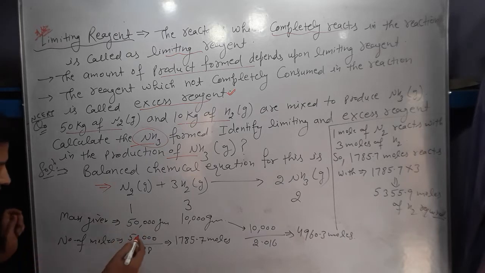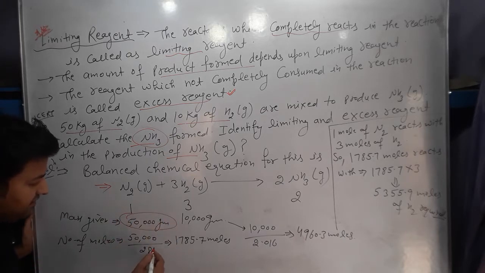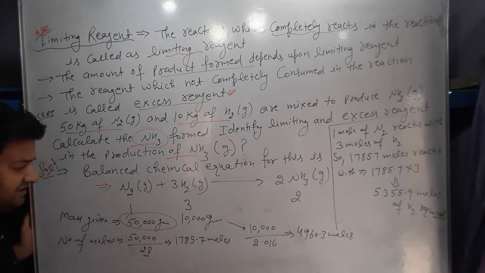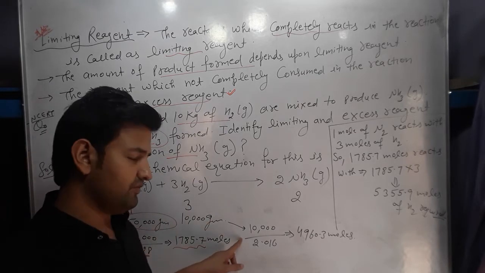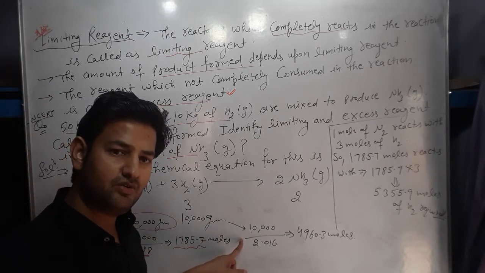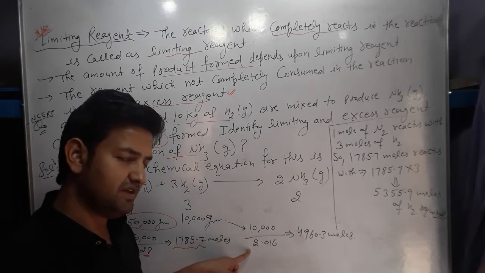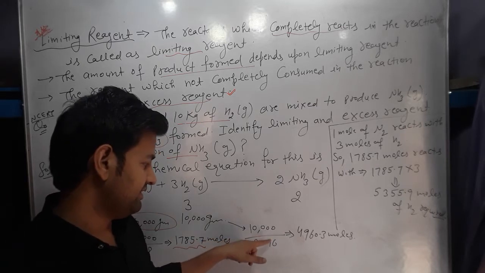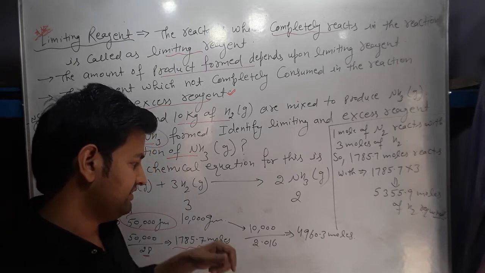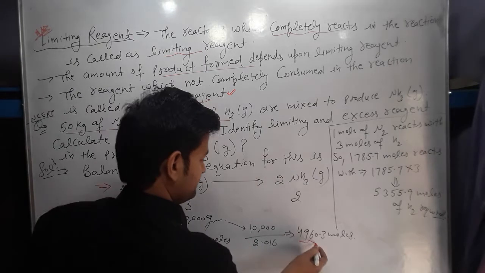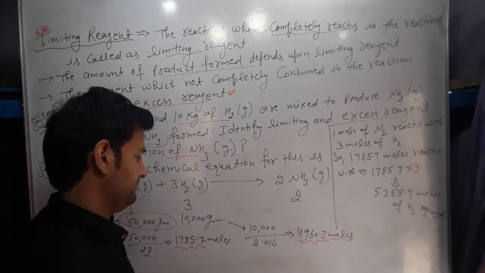For nitrogen, 50,000 grams by molar mass 28 comes out to be 1785.7 moles. Similarly for hydrogen, mass 10,000 by molar mass 2.016 comes out to be 4960.3 moles of hydrogen.